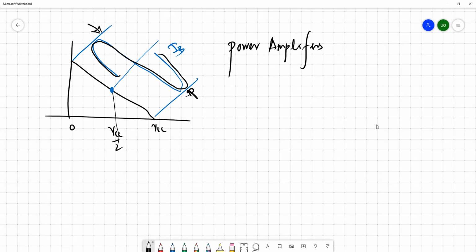If you want to amplify an input signal which is greater than that, then definitely, if you bias the transistor like this, your output would be clipped in both positive and negative directions, and you will end up with a distorted signal like this. It may be IC or VC, distorted in the positives and negatives.